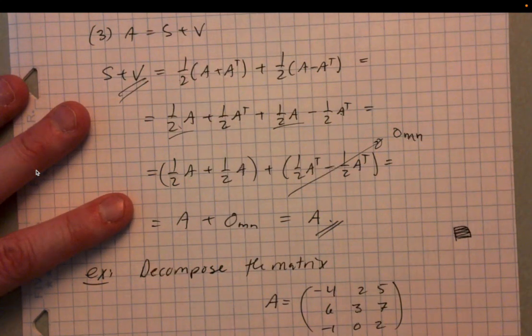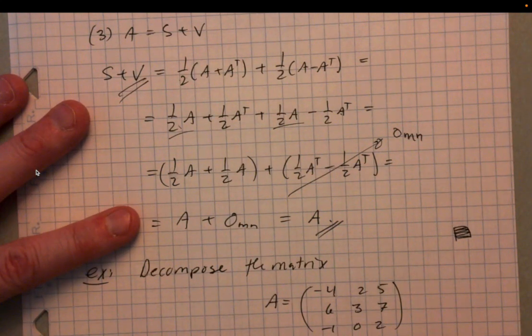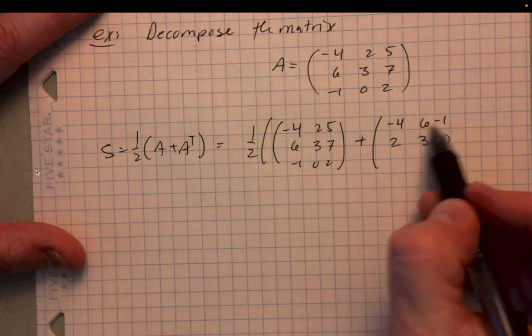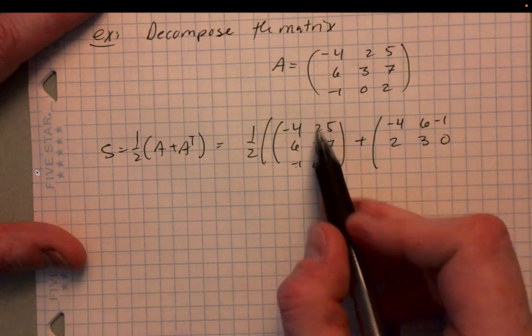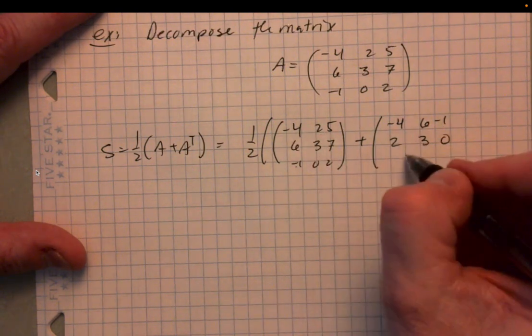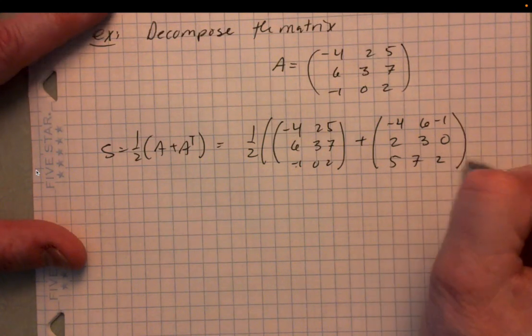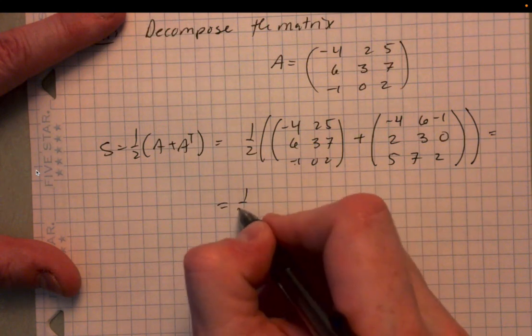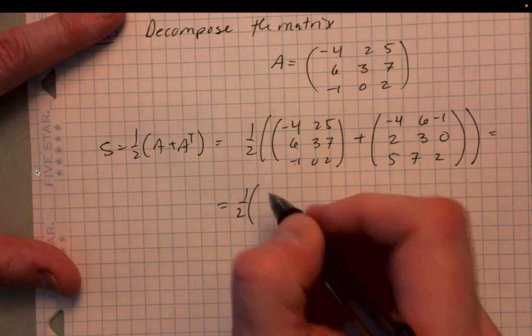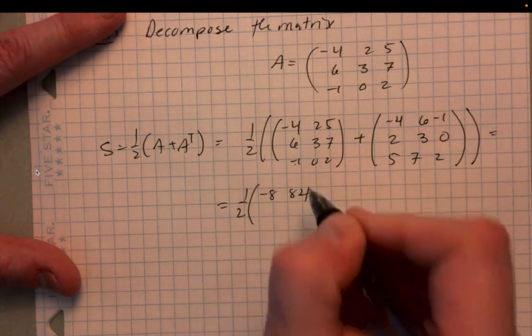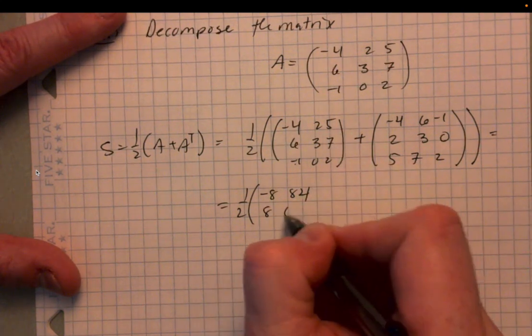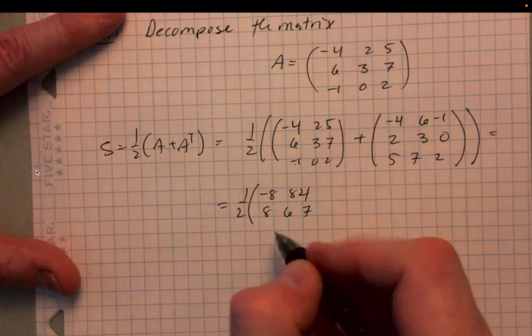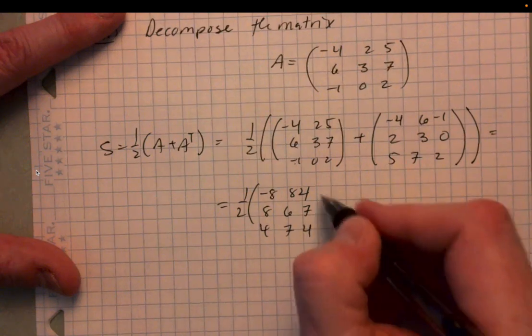Now I have to transpose the rows. The first row of the transpose is -4, 6, -1, then 2, 3, 0, and then 5, 7, 2. And so I get 1/2 times the matrix -8, 8, 4, 8, 6, 7, and then 4, 7, 4.